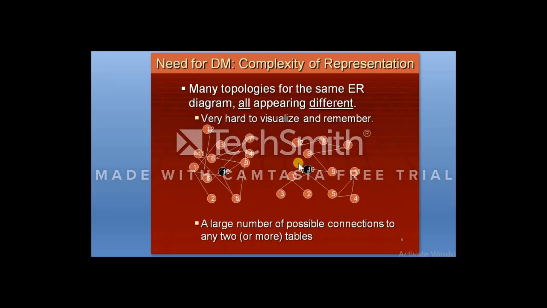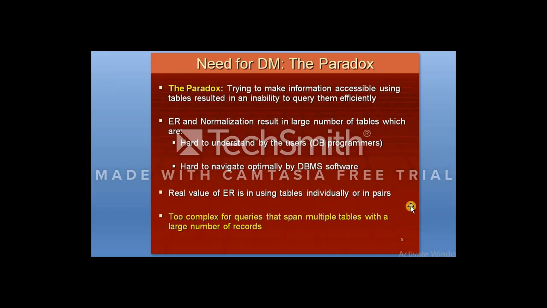So after looking at these different scenarios of why we need dimensional modeling for decision support systems, let's look at some other contradictory statements that arise when we use the ERD model for decision support systems. An ERD model creates more entities than we desire.